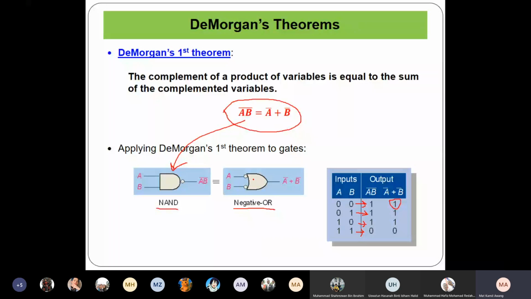1 not becomes 0. 1 or 0 becomes 1. Then 1 not is 0, 0 not is 1, so 0 or 1 is 1.